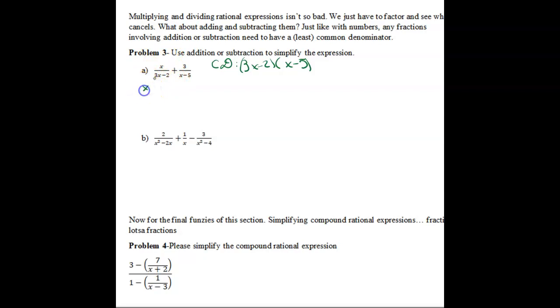So I'm going to have x that's originally there times that x minus 5 over now 3x minus 2 times the quantity of x minus 5, plus the 3 that's already there times what I need on the denominator, 3x minus 2, all over that x minus 5 that's already there times the quantity of 3x minus 2.